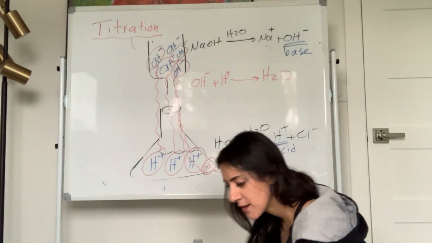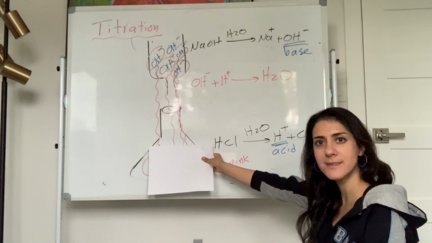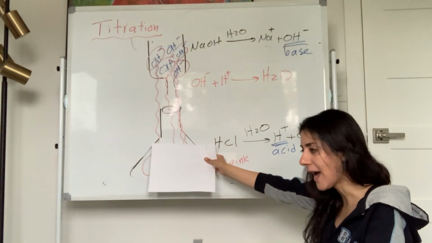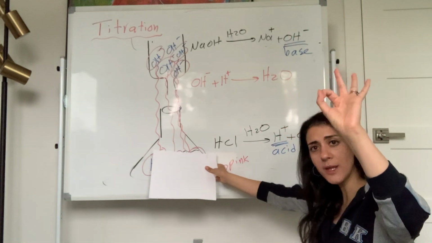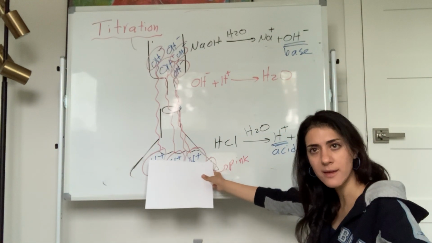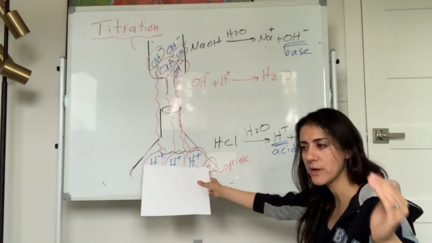Now here's the thing. Remember what we talked about? You did not know how much acid you have. How many OH did you add before it turned pink? You added 3 OH, and then when you added 1 more OH, it turned pink.